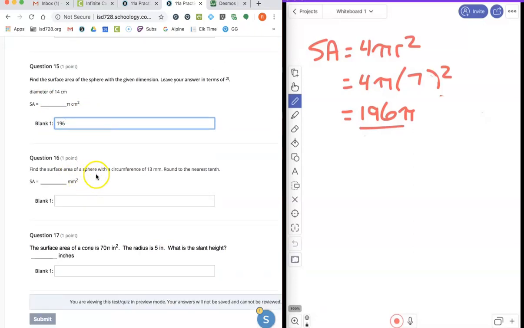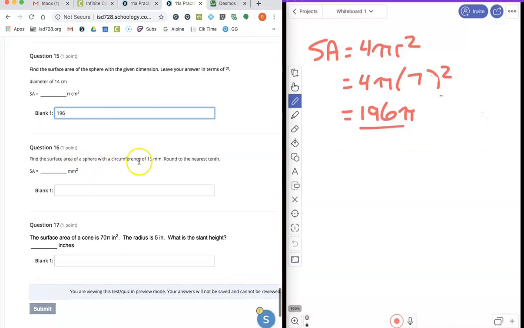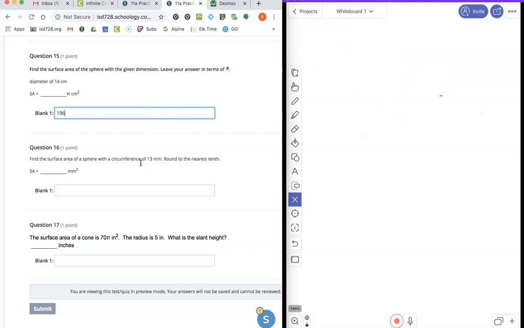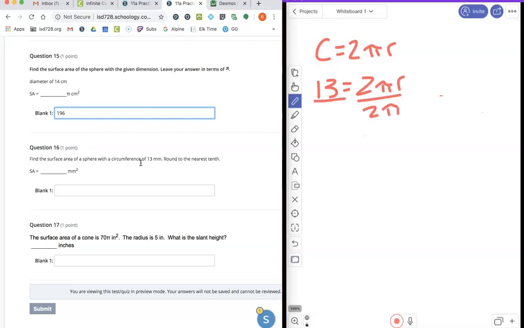The surface area of a sphere with a circumference of 13. Now that one's even a little bit different. So if they give you the circumference, I'll start over on this one. If they give you the circumference, remember that the way they get circumference is by this formula, 2 pi r. Again, r is the only thing that's a variable there. So if they told me the circumference is 13, I can get r by dividing by 2 pi.